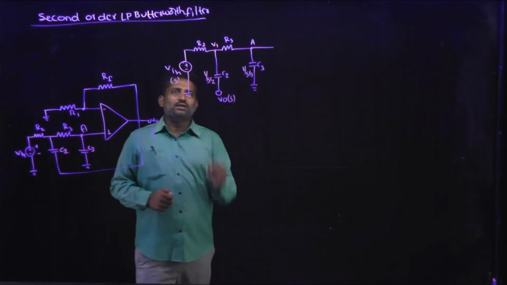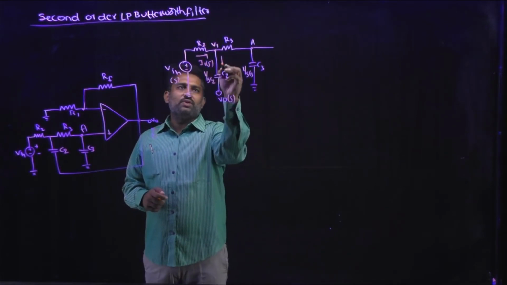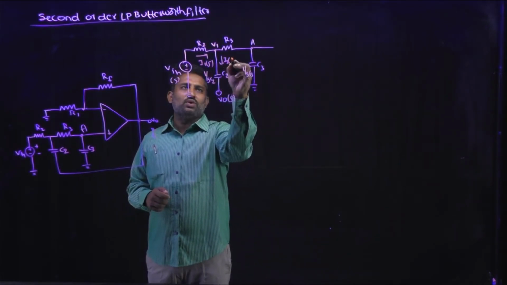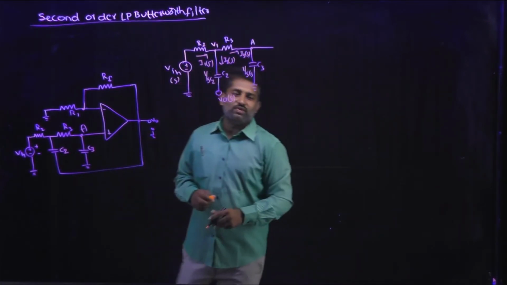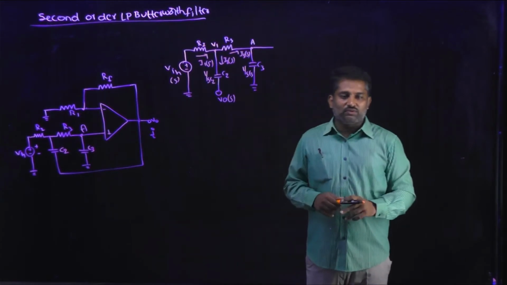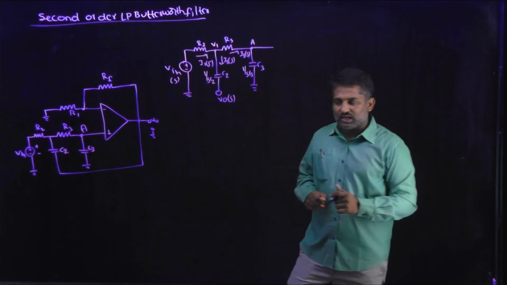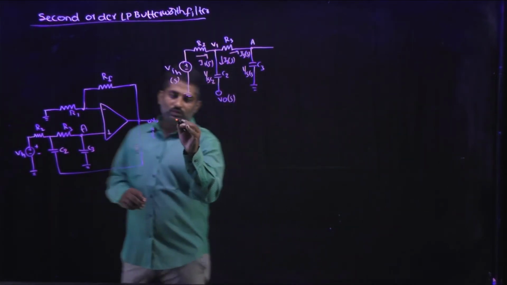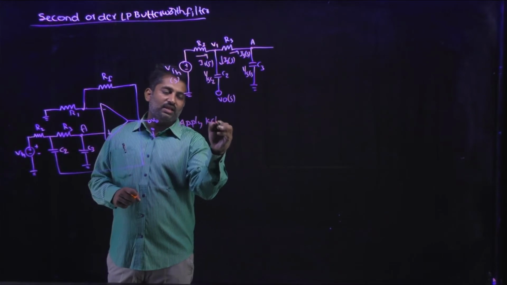Okay, and the current will be passing as I1 of S, and it will be dividing into I2 of S and I3 of S at the node V1. Now to calculate the cutoff frequency, what we are going to do is apply KCL at node V1. So, apply KCL.